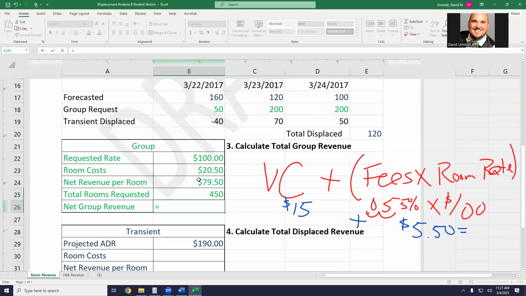And now we just multiply. 79.50 multiplied by 450. So in net room revenue, this group, what they're requesting, these amounts of rooms, should bring in $35,775. All right.